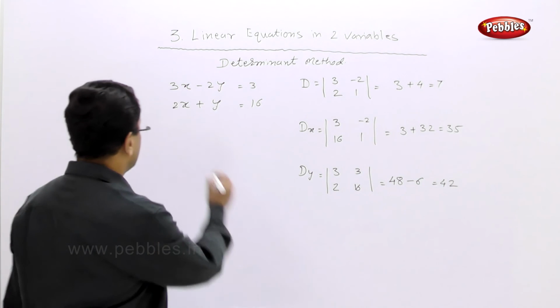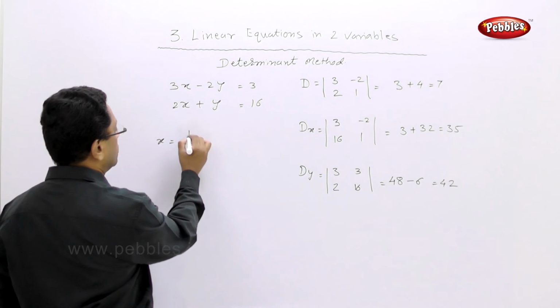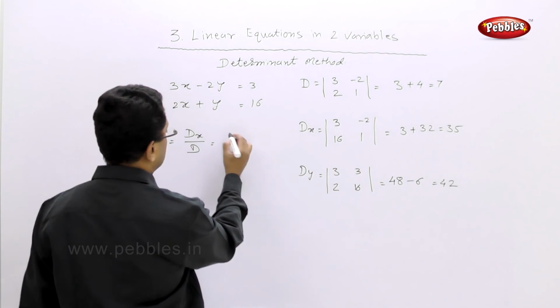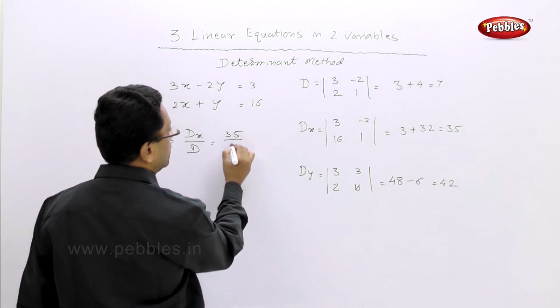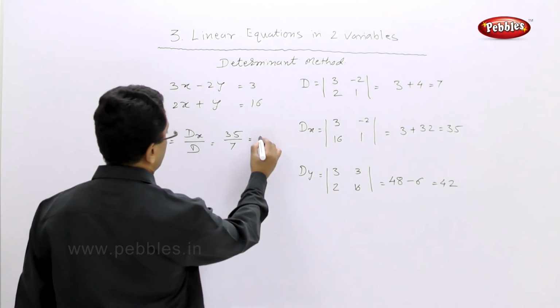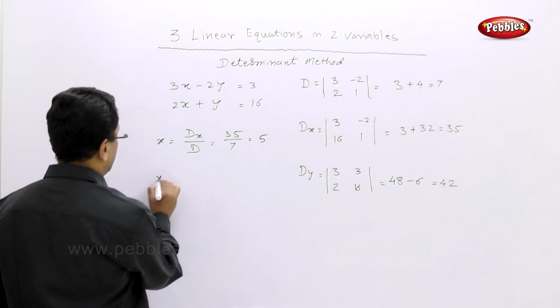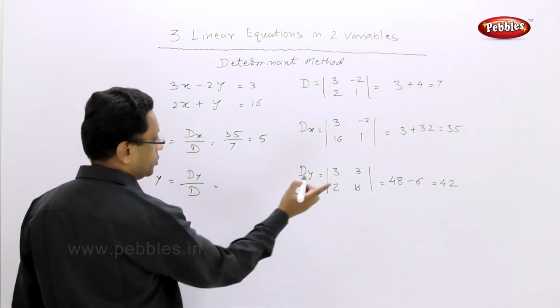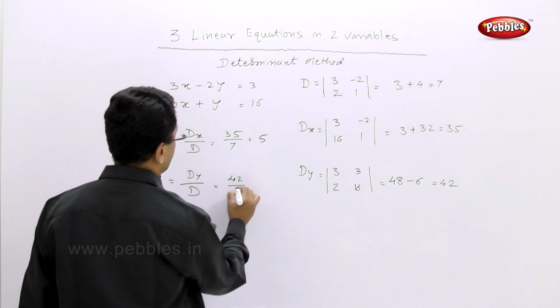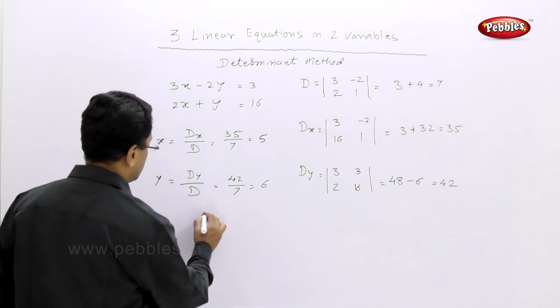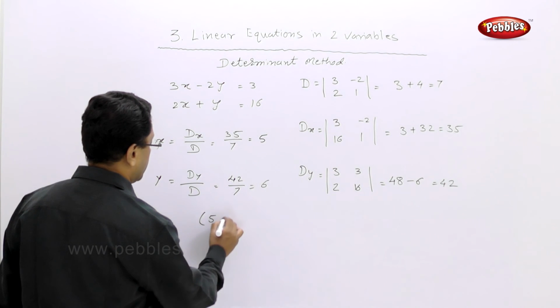Now by Cramer's rule, x is equal to Dx upon D, that is 35 upon 7, which is 5, and y is equal to Dy upon D is equal to 42 upon 7 equal to 6. So the solution is 5, 6.